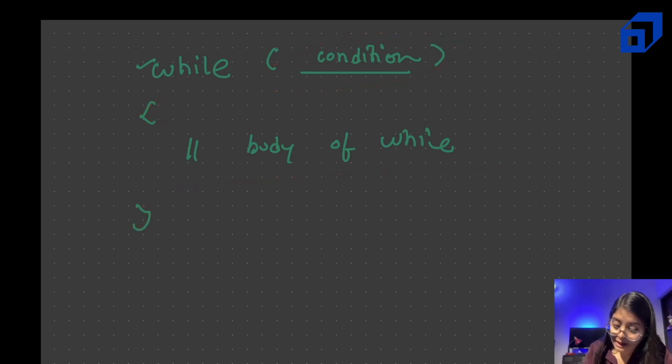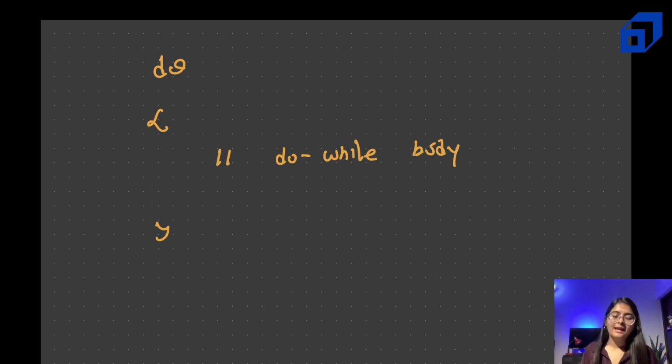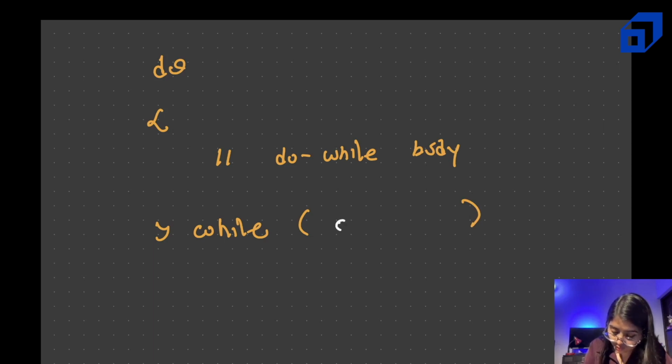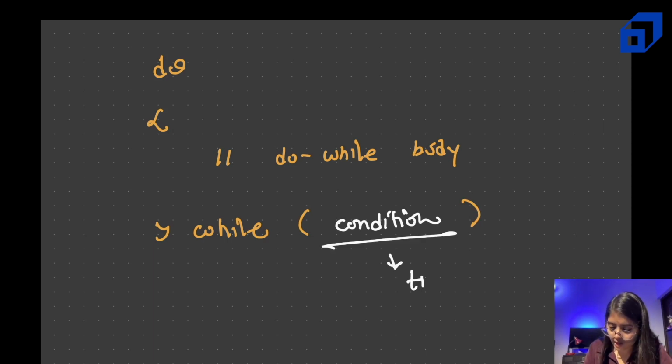And in the same way, if we talk about do while, keep doing this, do the do while body, keep executing whatever is written inside the do while body, while this condition here is true.